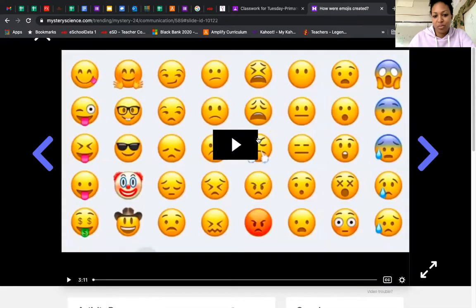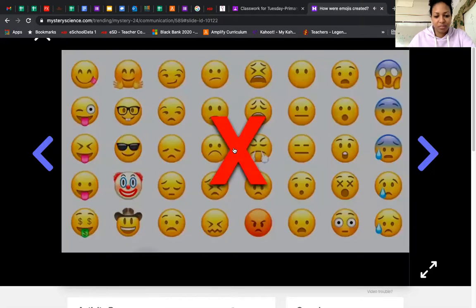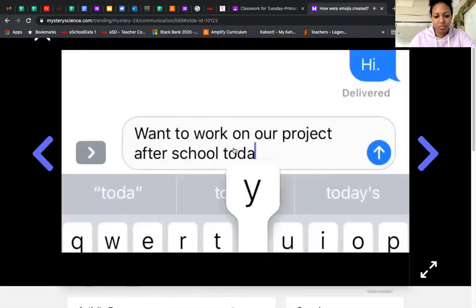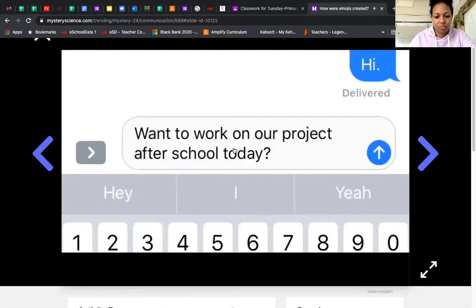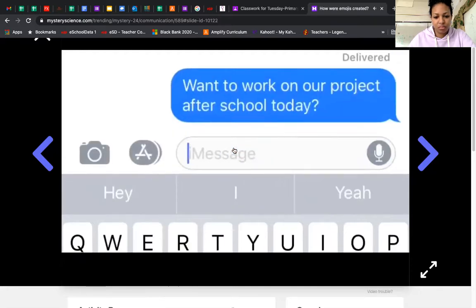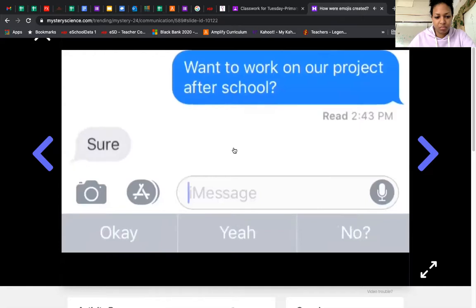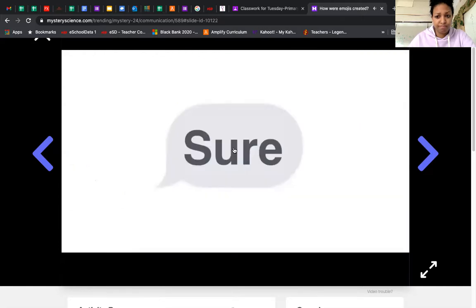Let's see what it's for. Well, imagine if there were no emojis and a person went to send their friend a message. For example, imagine someone asks their friend, "Want to work on our project after school today?" And then the friend responds like this: "Sure." But wait, what does she mean, sure? I guess that means she wants to work on a project. Think about it though. Does she mean sure, like she's excited about it?